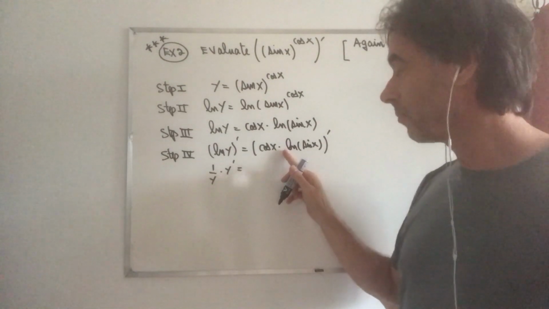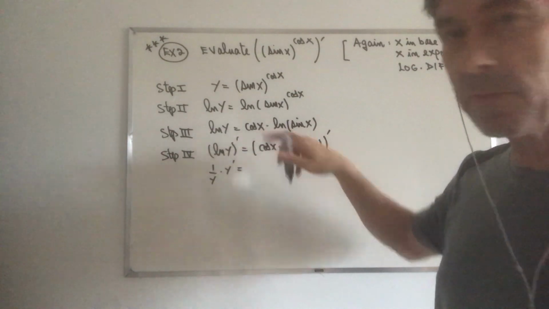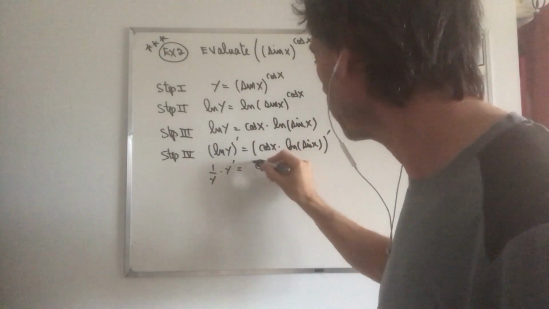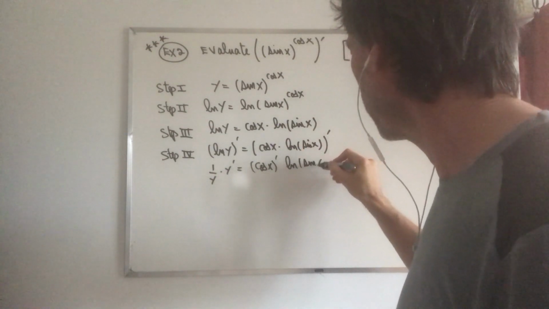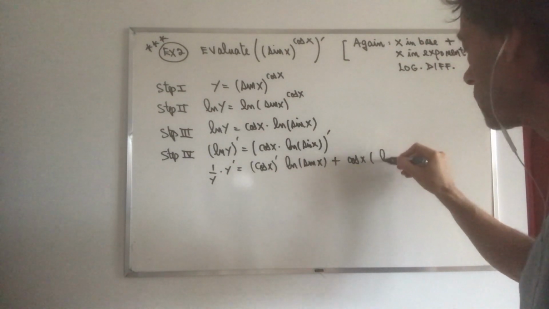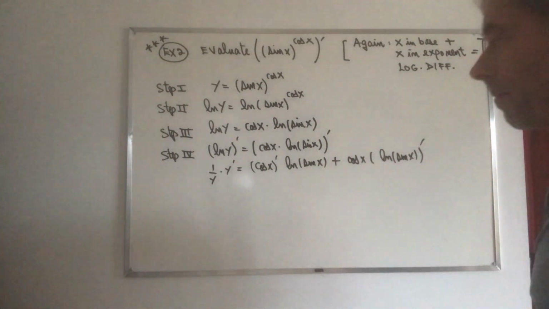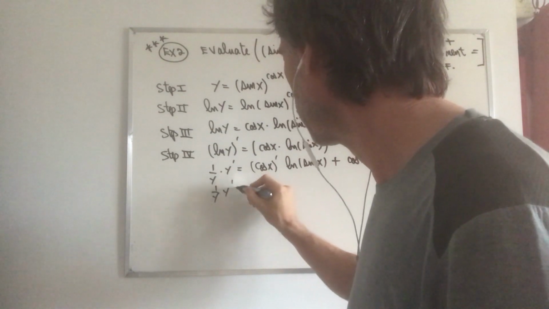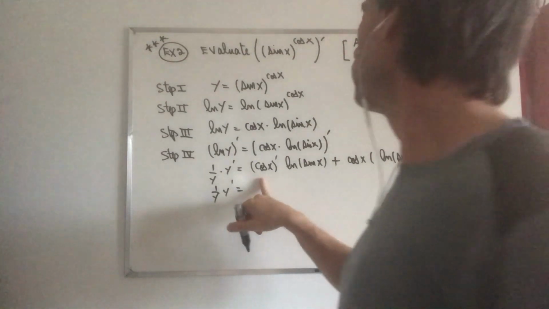It's always going to be a product rule, because when you bring this in front, you create a product of two functions. So that's going to be cos x prime ln of sine x plus cos x times the ln of sine x prime.